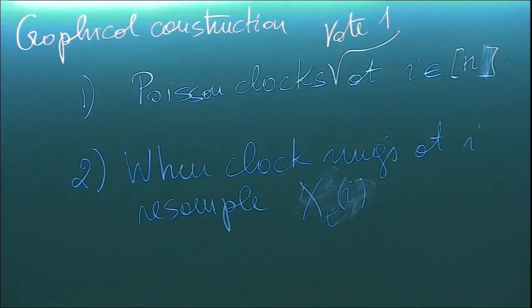So the advantage of this construction is that now it works perfectly if you take any infinite number of coordinates, okay? And typically this will always be the graphical, or Harris graphical, construction that we will use also for our model.